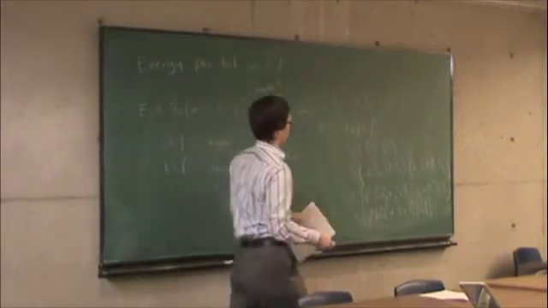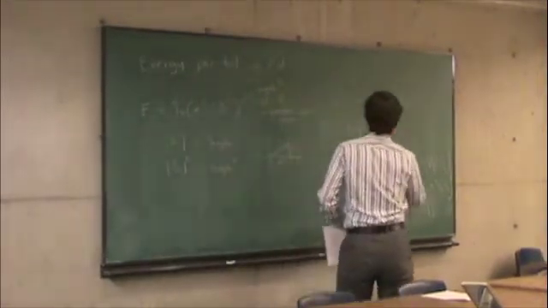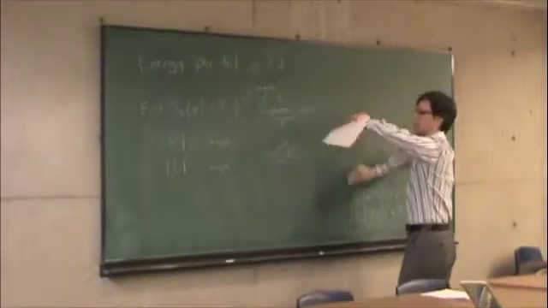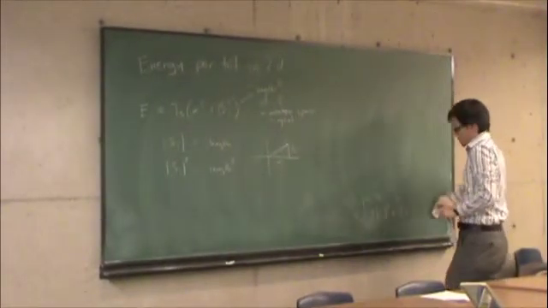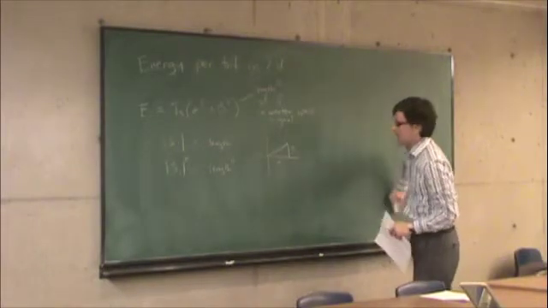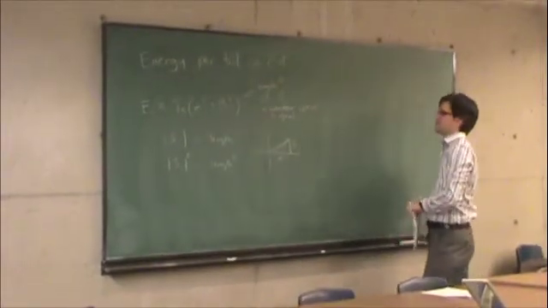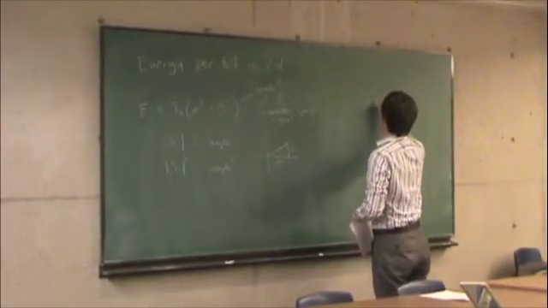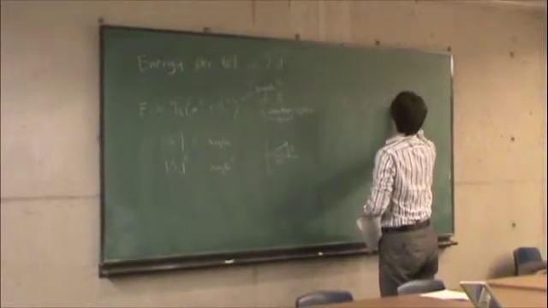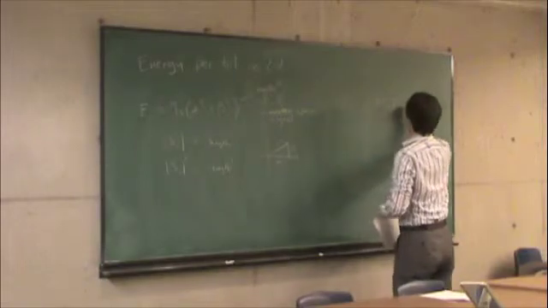Okay, and to finish it off, same as in the 1D case, energy per symbol is equal to the sum of the probability of i times the energy in i.